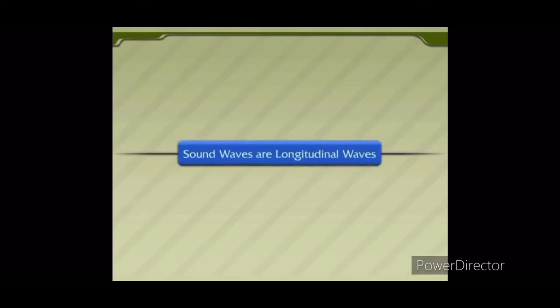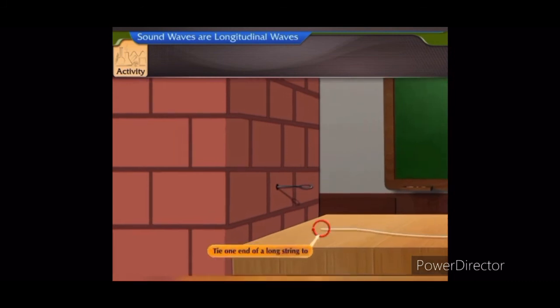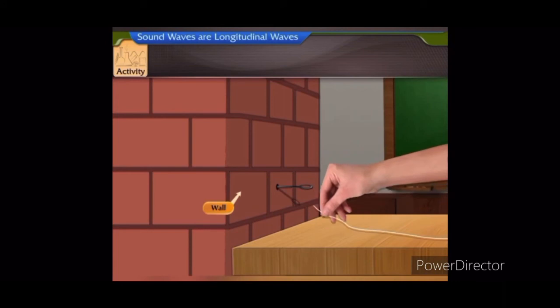Sound waves are longitudinal waves. Let us perform an activity to study the direction of vibration relative to the direction of propagation of waves. Tie one end of a long string to a rigid support such as a wall.